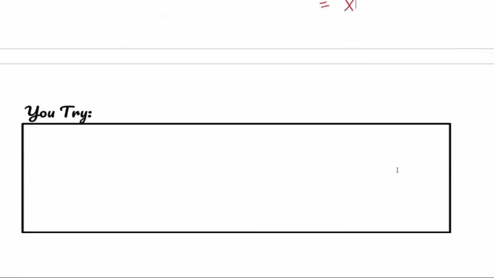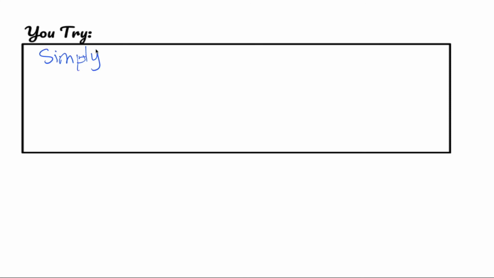Before moving on to the next video, try this. Again, this is kind of an introduction to this idea of linking absolute value and the square root of x squared. We'll see it more, but let's give you a few to try. The directions are to simplify using those facts.